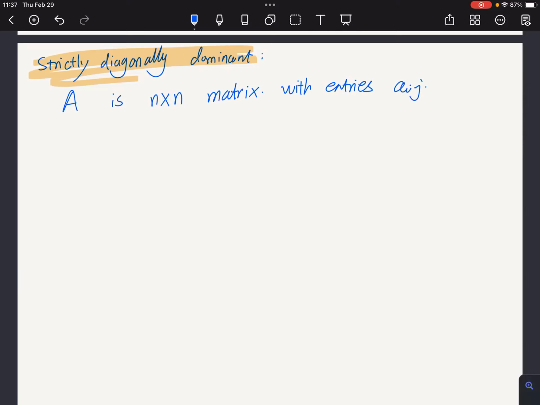Strictly diagonally dominant means that each diagonal element is bigger than the sum of the rest of the elements in the same row. That's the definition of strictly diagonally dominant.